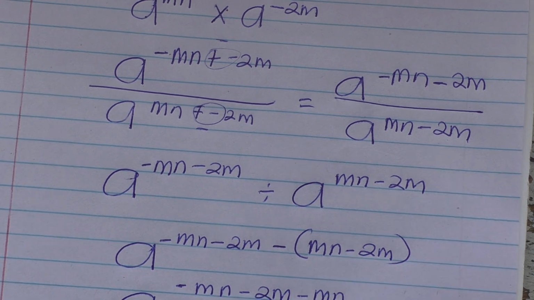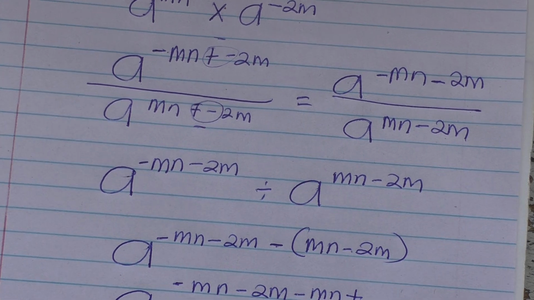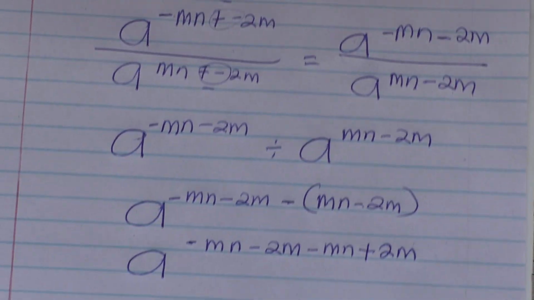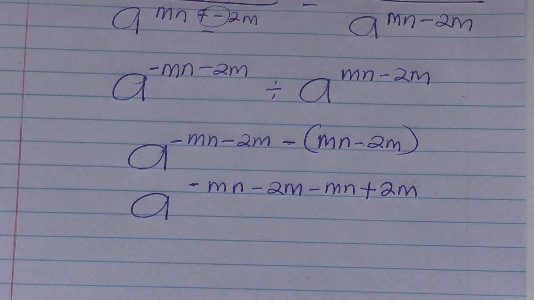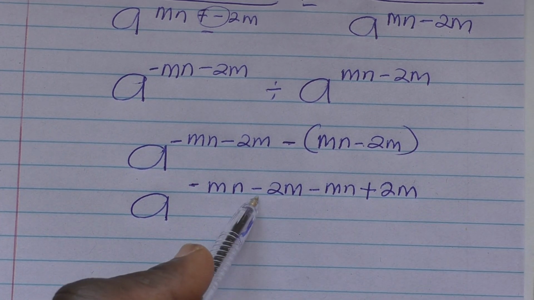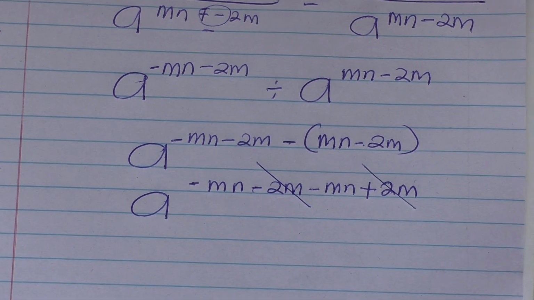Hence giving us a power negative mn minus 2m minus mn, then negative and negative will give us a positive 2m. So that is how we shall open brackets when we are subtracting the powers. Then we collect like terms. However, we have a negative and a positive. These ones will cancel out.